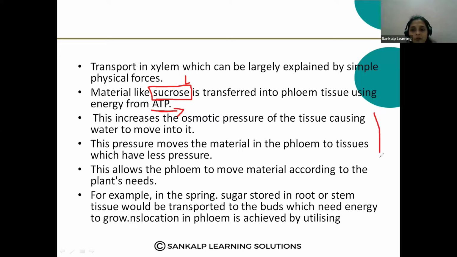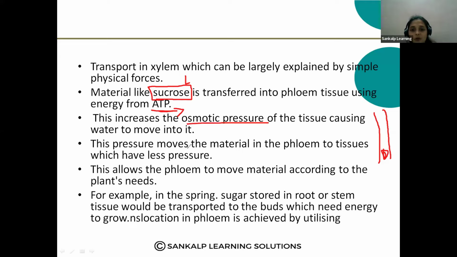So now just imagine this is the phloem tissue. Inside the phloem tissue, there is sucrose. It is transferred to the phloem tissue by using energy, and inside the phloem now there is osmotic pressure.